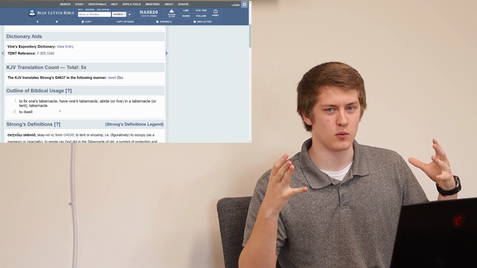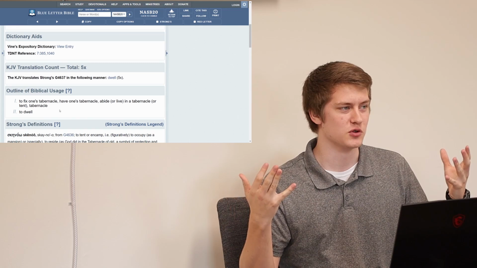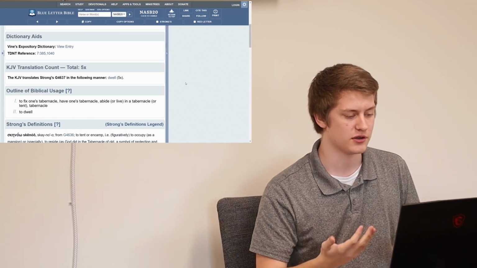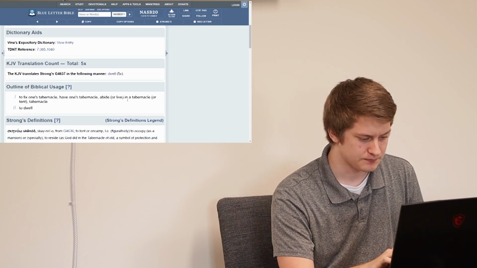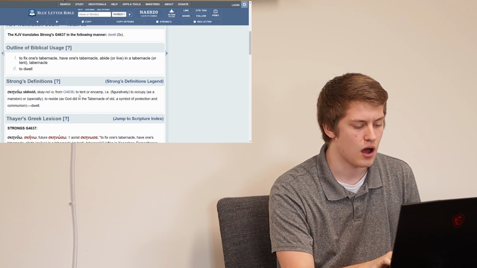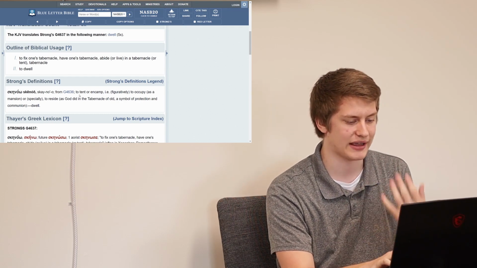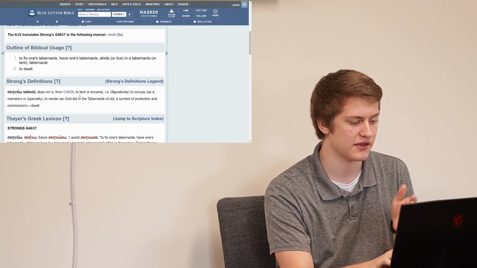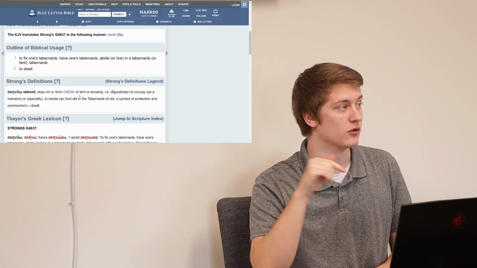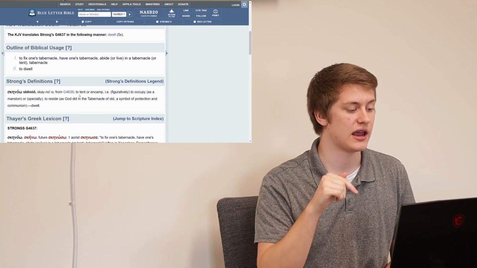When we think of dwell, our first thought doesn't usually come to tabernacling, right? A tabernacle is also just a tent. So skenao, the Strong's definition says, means to tent or encamp, figuratively to occupy as a mission or especially to reside, as God did in the tabernacle of old, a symbol of protection and communion.